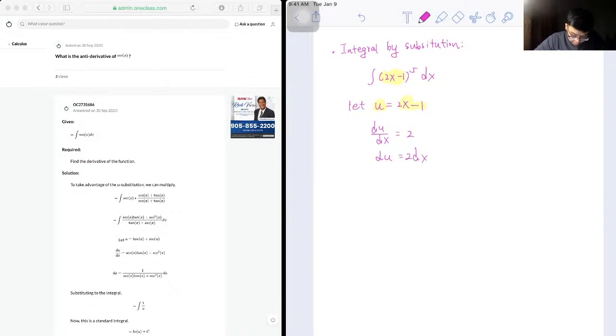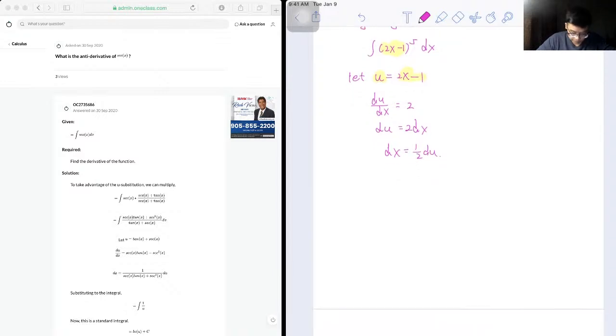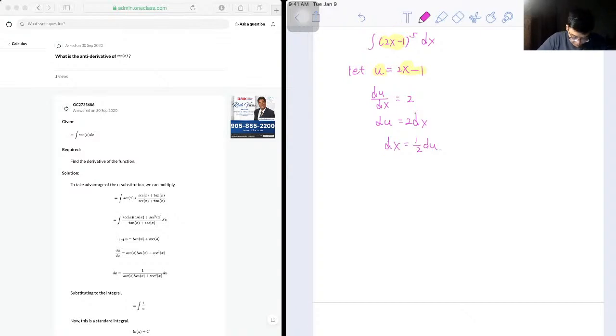In other words, if we move the 2 to the other side, then dx will be 1 over 2 du. So now we replace 2x minus 1 by u and write dx in terms of du.